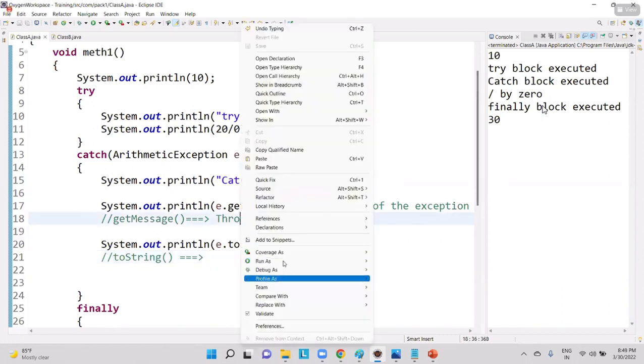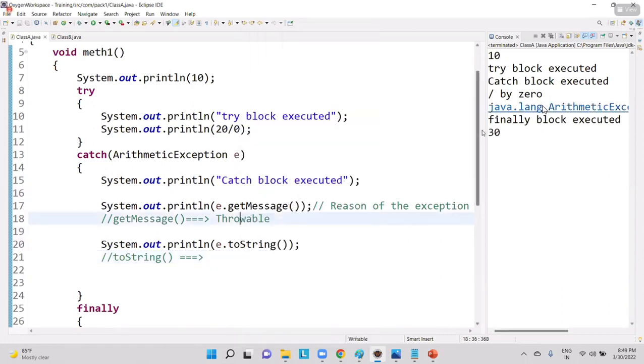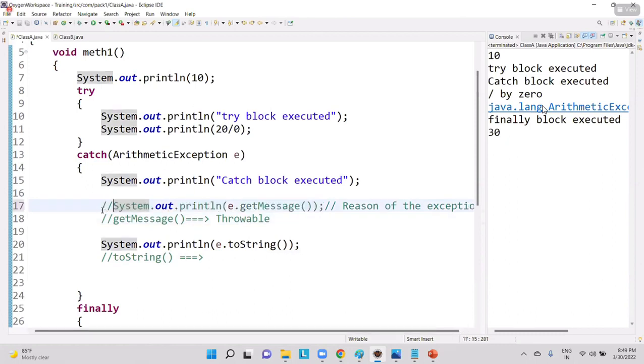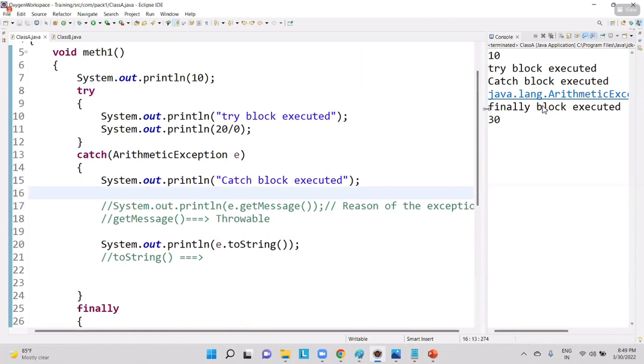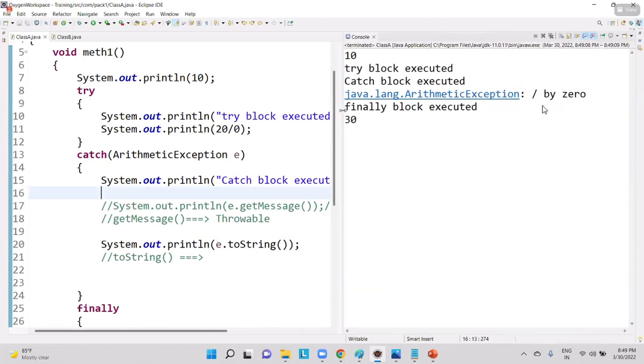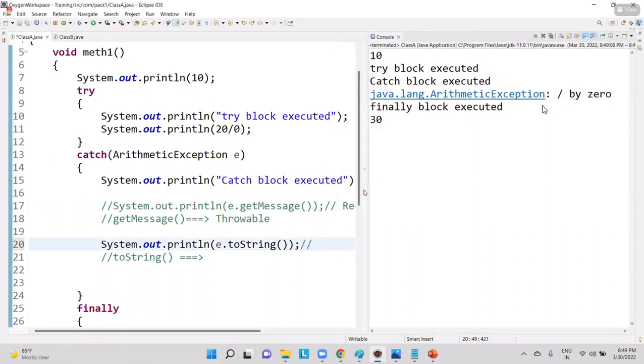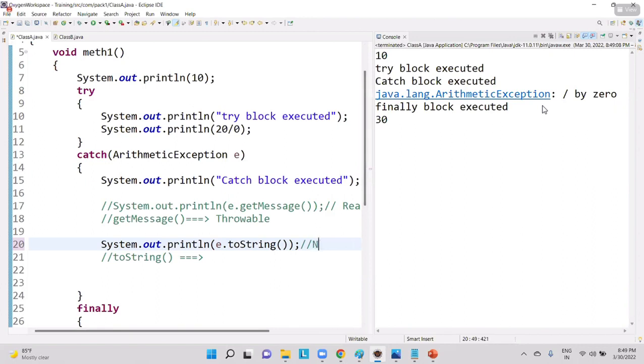Can you please observe and tell me? I'll just keep this in comment. The toString method will print the name of the exception along with the reason. Am I right or wrong?